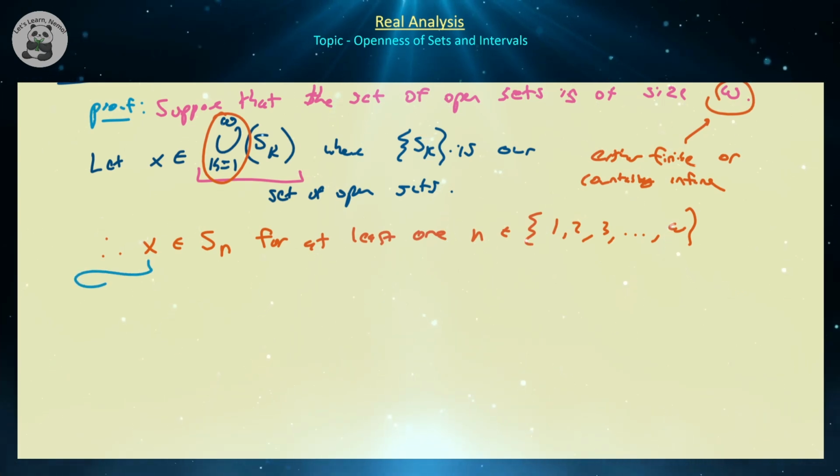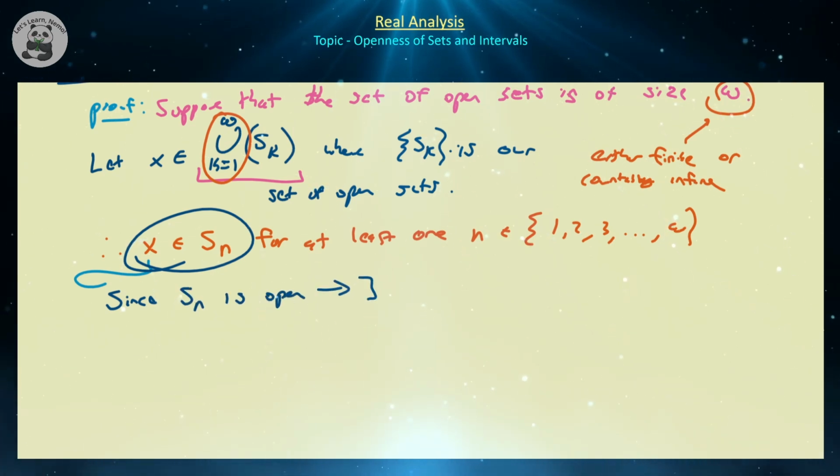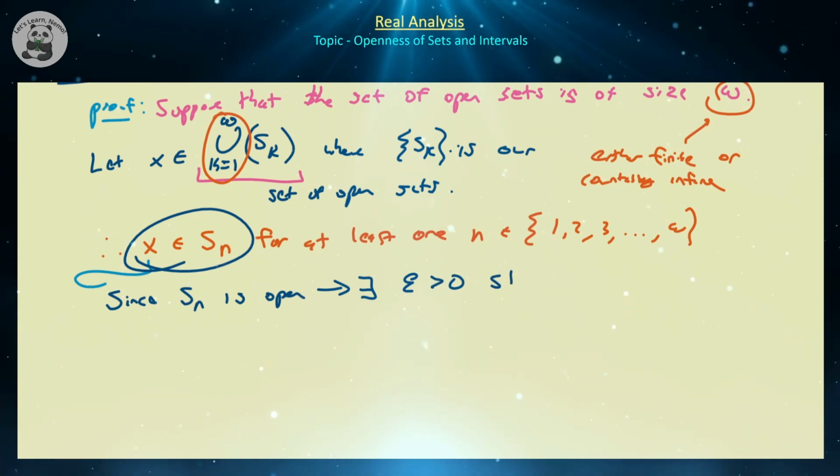Agreed? So if that is true, what else can we say? Since at least one of these sets, to which x belongs, Sn, is open, that means there exists an epsilon that is arbitrarily small but positive, such that a neighborhood of radius epsilon around x is a subset of Sn.